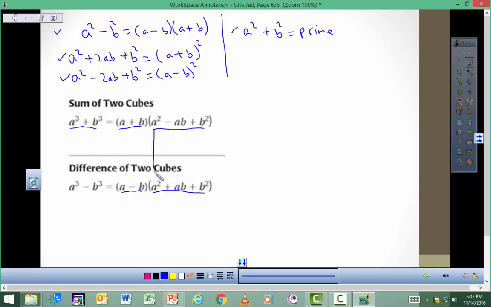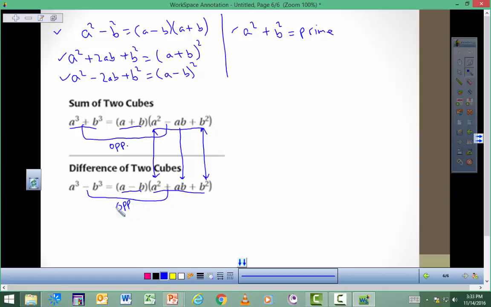Notice the a squared is the same, the b squared is the same, the ab is the same. In fact, everything looks very similar. Another similarity is that this sign is always positive, and this sign here is always opposite of whatever you started with here. It's always opposite, okay?